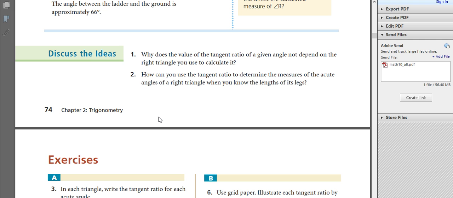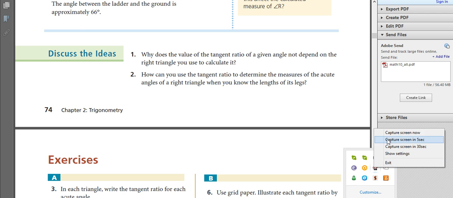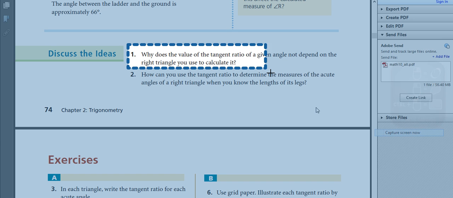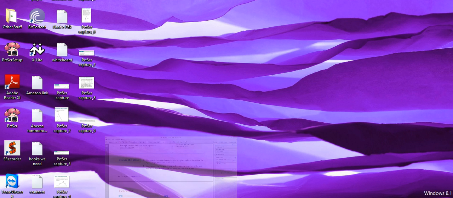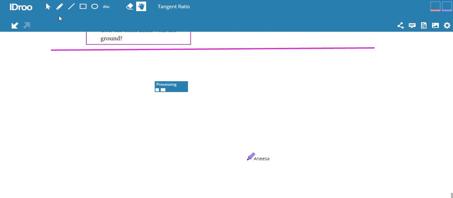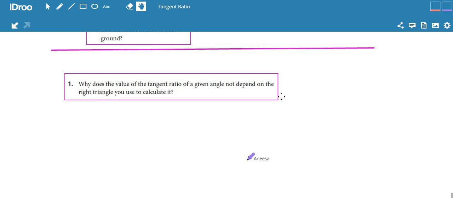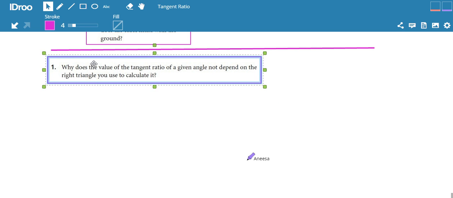There is a question here to be asked, and that question I would ask to you. Are you going to answer this? Yes, Nisa. Why does the value of the tangent ratio of a given angle not depend on the right triangle you use to calculate it?